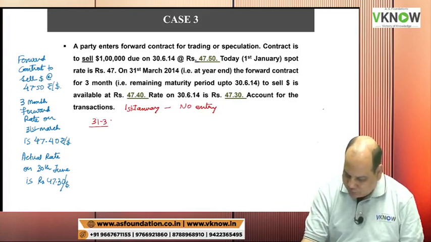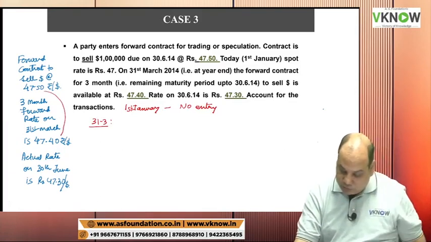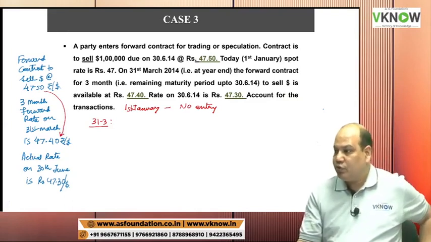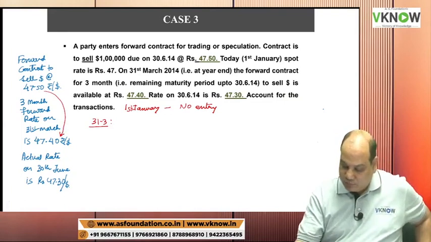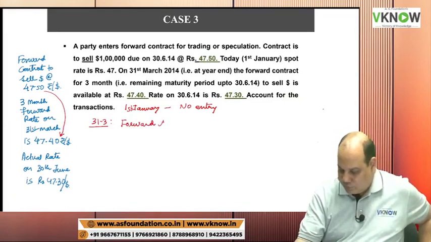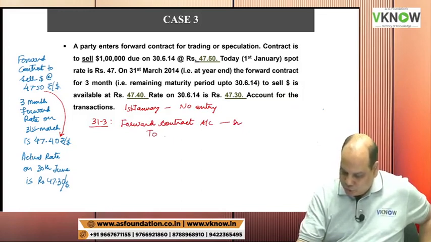31st March, this time rate has gone down and I have contract to sell, so I have a potential gain. So I will just write like this: forward contract account debit to P&L account.